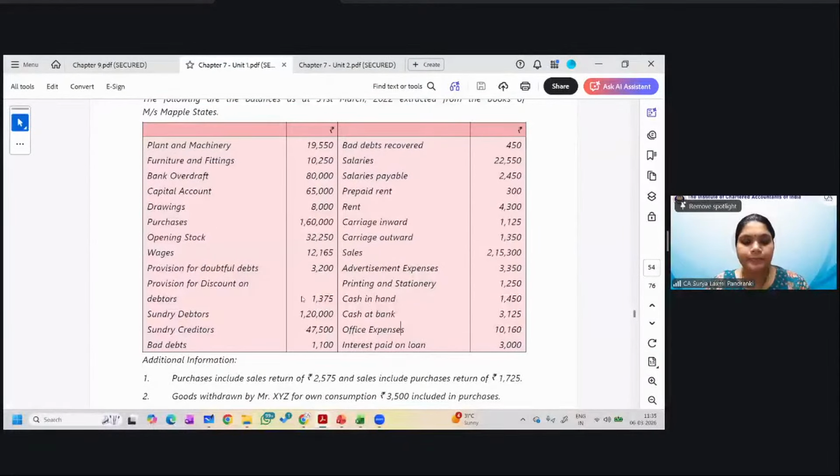Anything else? I think only provisions we didn't write, because I wanted to explain them. Anything else other than these? We have taken all of them, I hope. Salaries, rent, advertisement, printing and stationery, carriage outward, office expense, interest on loan, everything is there. I think depreciation and the provisions are the two things we will have to take.